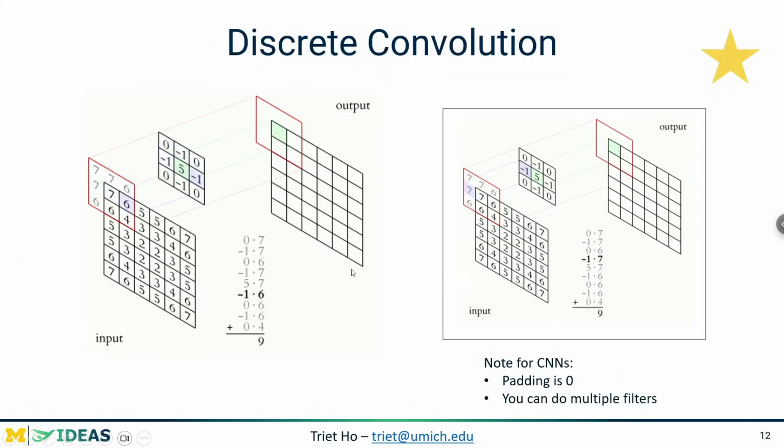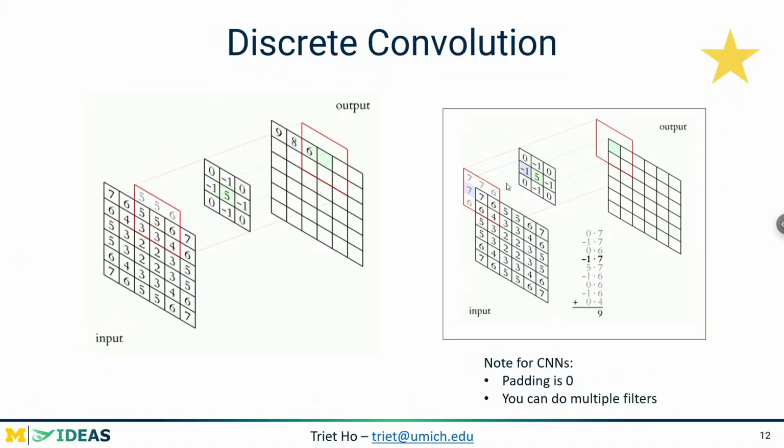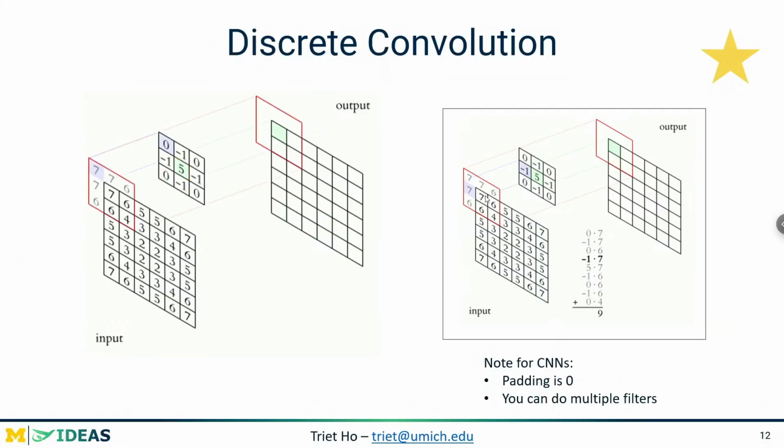So how do you do this? If you look at a single calculation, it's basically the dot product of every single component in the matrix. If you look at this future matrix right here, it's centered at 7, and you just multiply element-wise together.